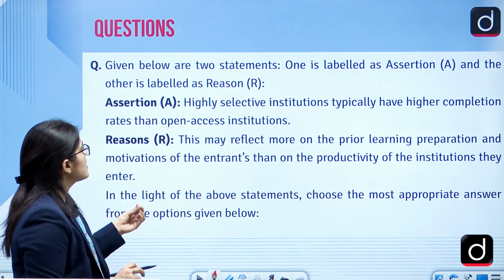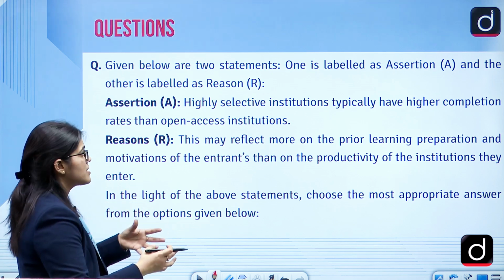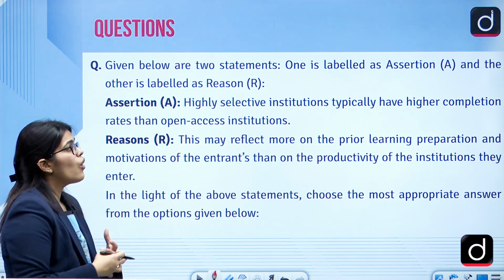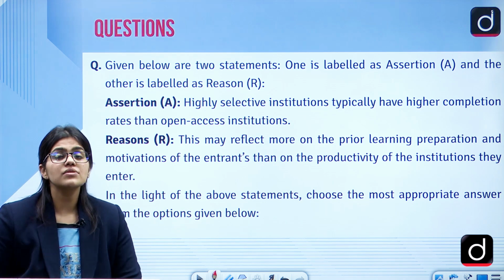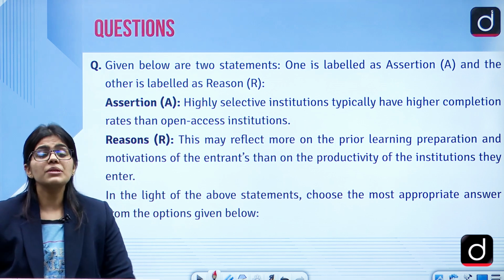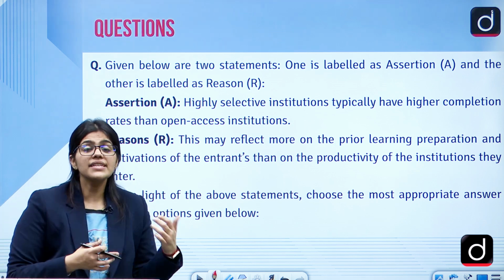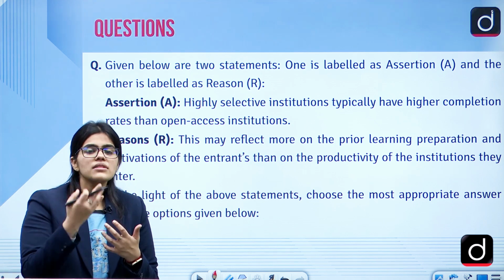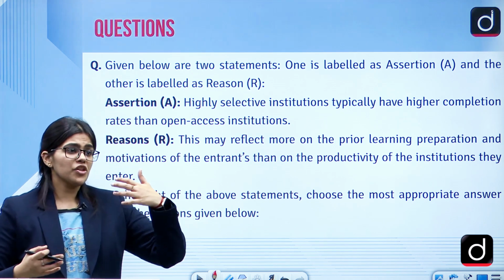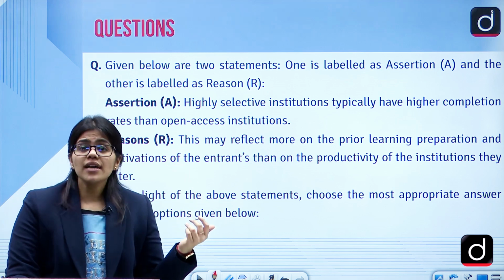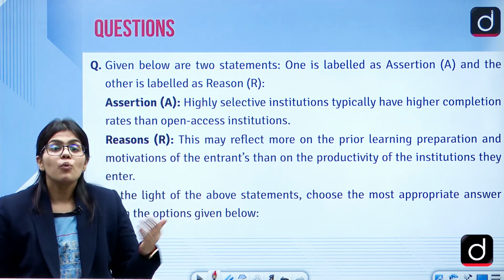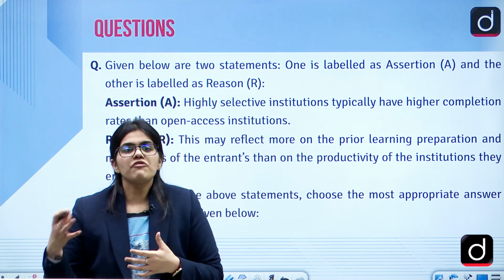Here we find that they are talking about highly selective institutes, and we know that all these higher education institutes have a lot of parameters, and it becomes difficult to judge them. Even the NAAC grading is a very tedious task, where there are so many criteria through which they try to judge which institute is performing well.